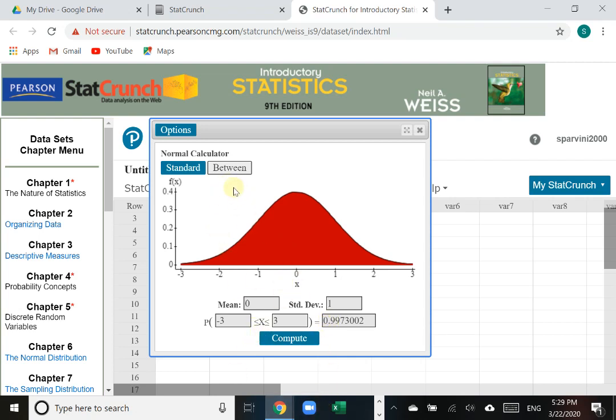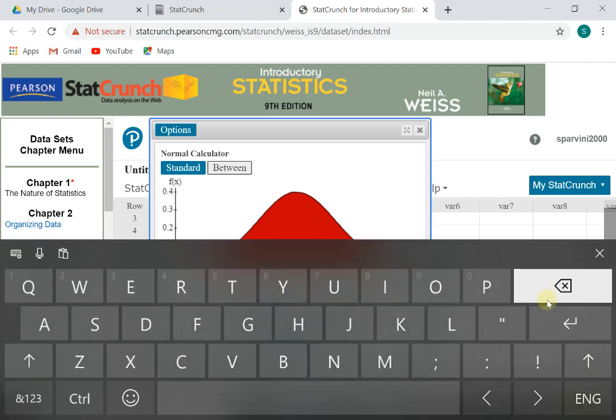So this is between. You can find betweens like that. We did a between in our examples. Let me actually do that between. We did between 0.76 and 1.24.